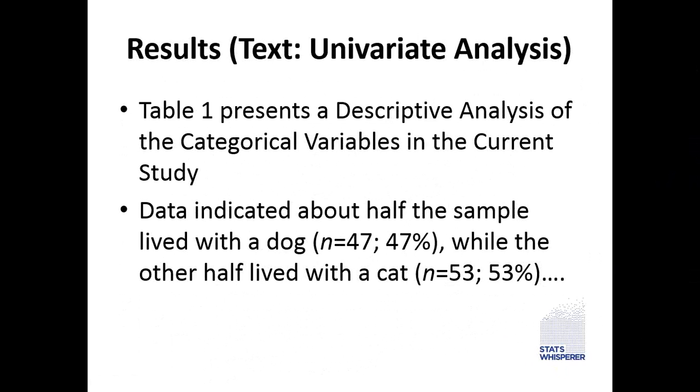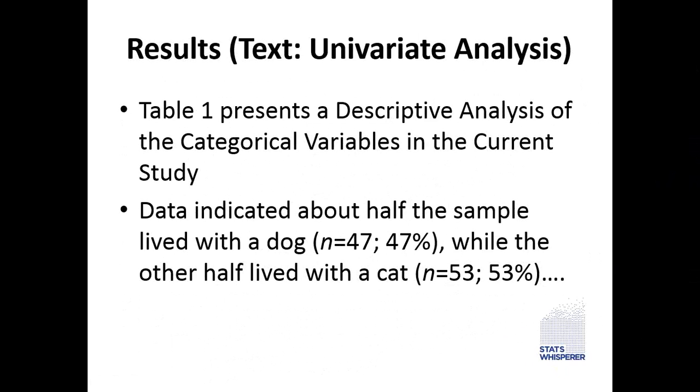Okay, so Table 1 presents a descriptive analysis of the categorical study variables in the current study, or sample study 1 for us, right? For example, we might say data indicated about half the sample lived with the dog. Then in parentheses you put the number. It's 47 people, which is 47% of the sample, while the other half lived with the cat. So n equals 53, right?